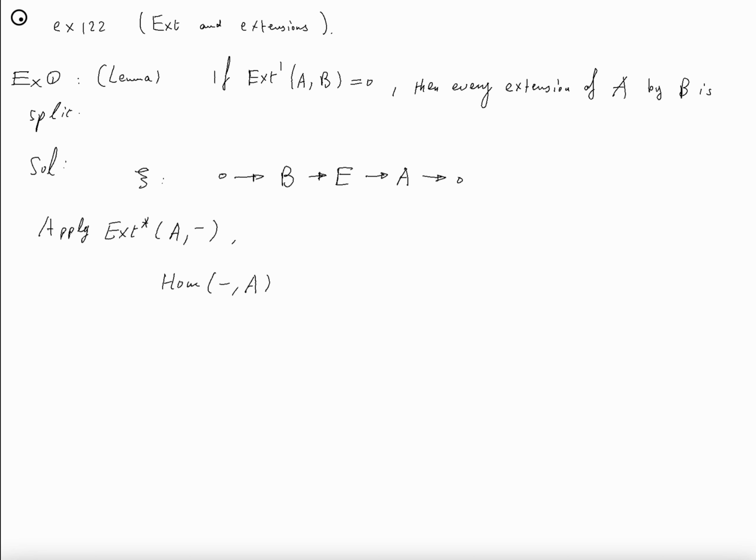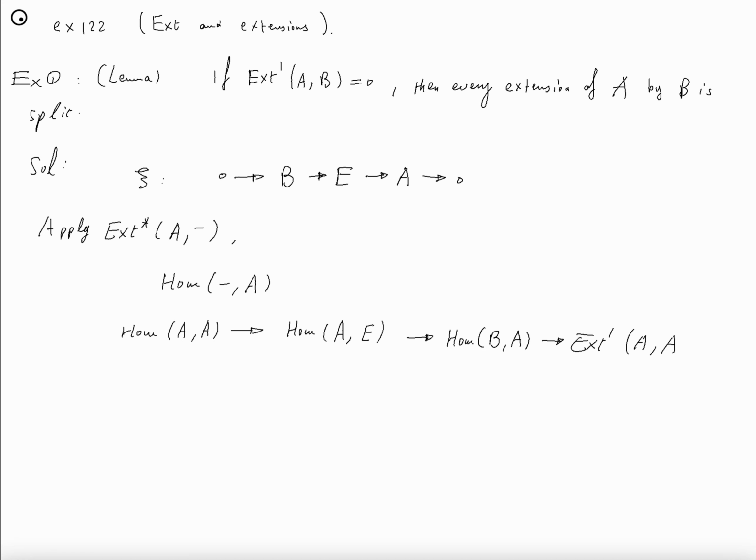Applying this, we got Hom(A, ...) extension of A by B. And then Hom(A, E), Hom(B, A), Ext^1(A, ...), but this is not what we want.